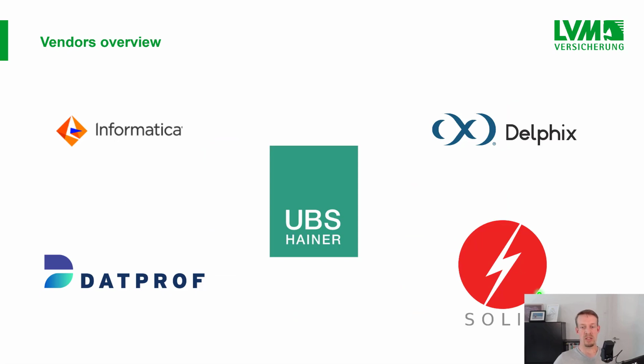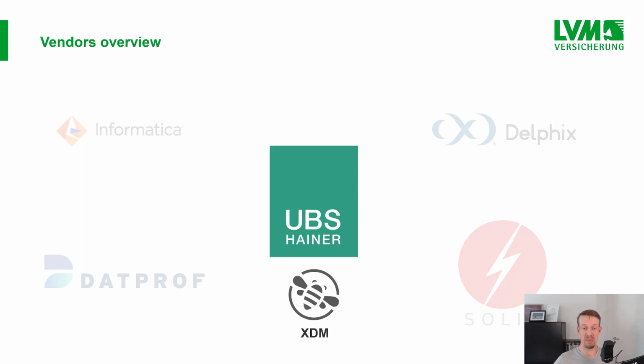At first, we sent this catalog to 5 vendors: Informatica, Datprof in the Netherlands, Delphix, Solix, and UBS Heiner. The answers showed that only one of those vendors really fitted our needs. That was UBS Heiner with their XDM system.